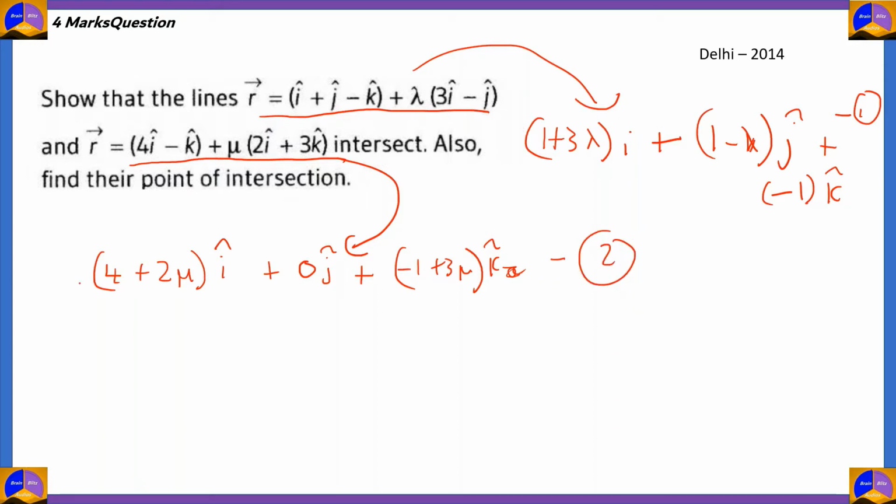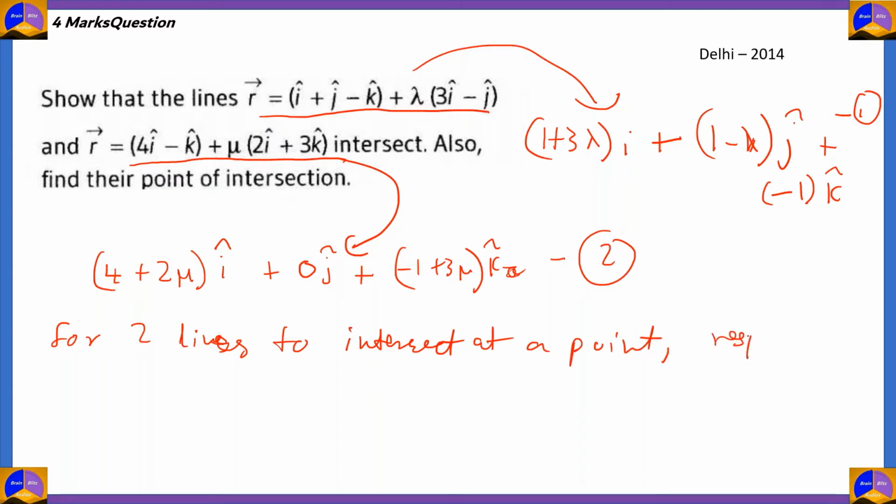Now, the reason why we separated them into their components is that for two lines to intersect at a point, their respective components must be equal. So therefore, we can write that the i components must be equal.